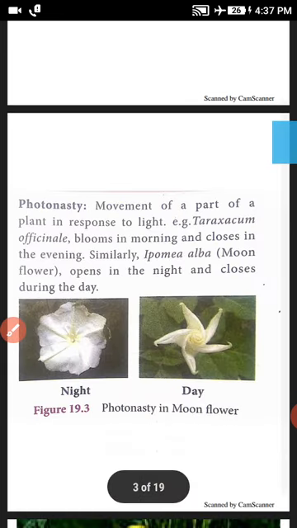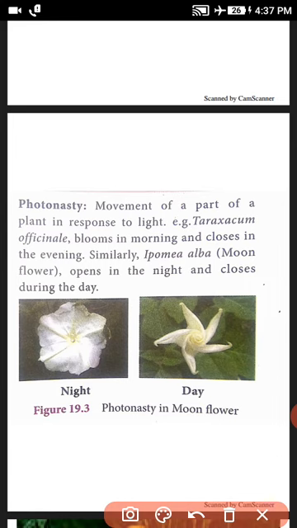First of all, what does photonastic mean? Photo means light. The movement of a part of a plant in response to light. Example, Taraxacum officinale.